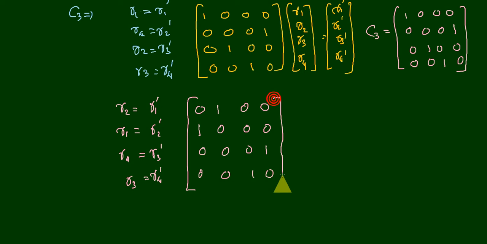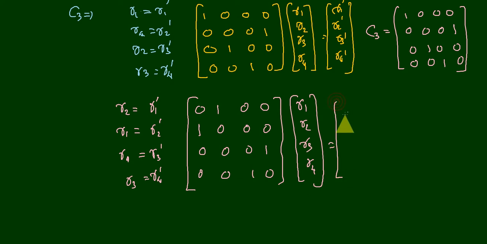R1, R2, R3, R4 is equal to R1 dash, R2 dash, R3 dash and R4 dash. Okay. So this is the matrix equation corresponding to these four equations.